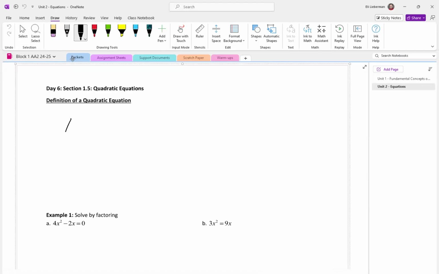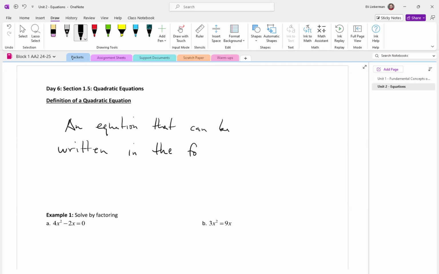So just for completion's sake, a quadratic equation is an equation that can be written in the form ax squared plus bx plus c equals 0.